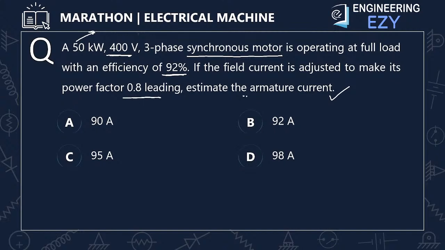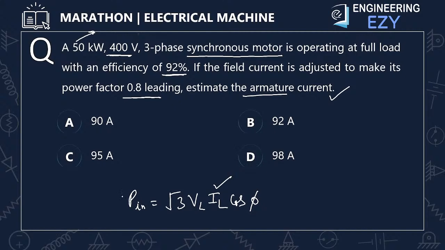So you can calculate the armature current using the formula P input is equal to root 3 VL cos phi. Using this formula, you can easily calculate the armature current IL.